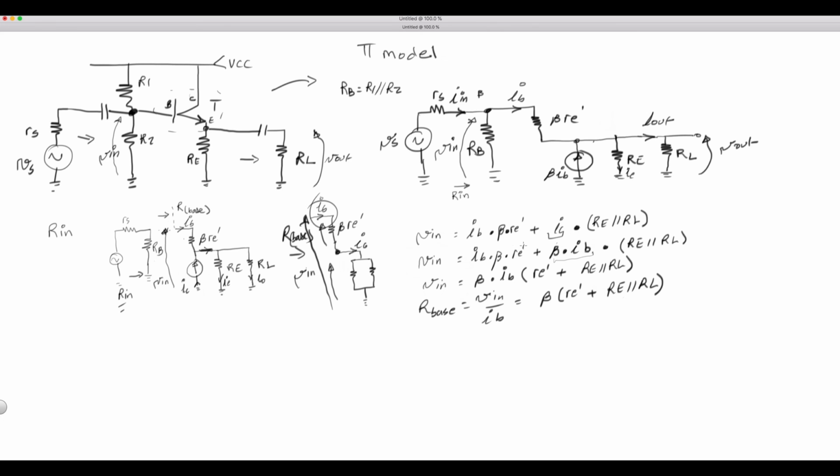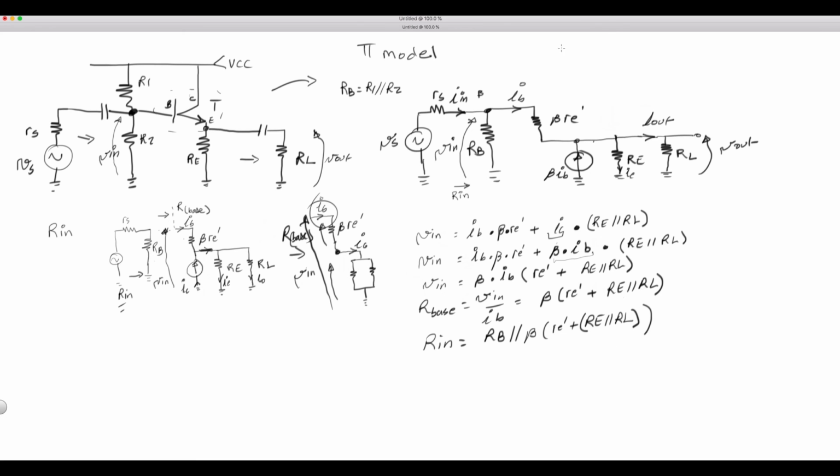So before I finish anything, this implies now that Rin is equal to RB in parallel with R base, which is beta RE prime plus RE in parallel with RL. If you want to put parentheses here, that's fine.